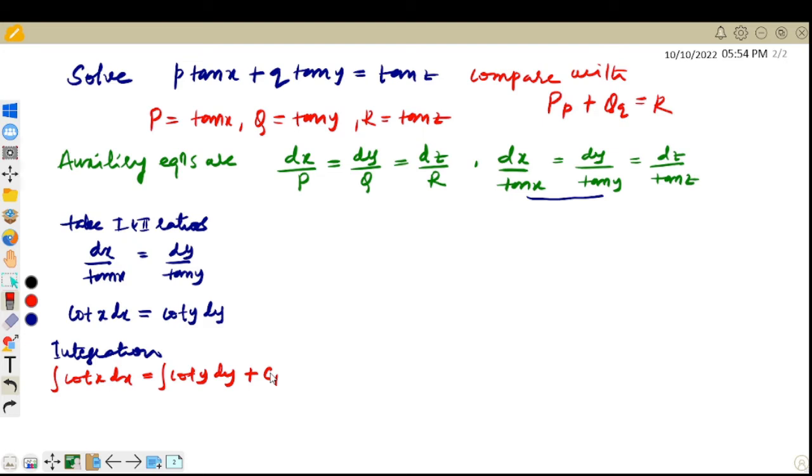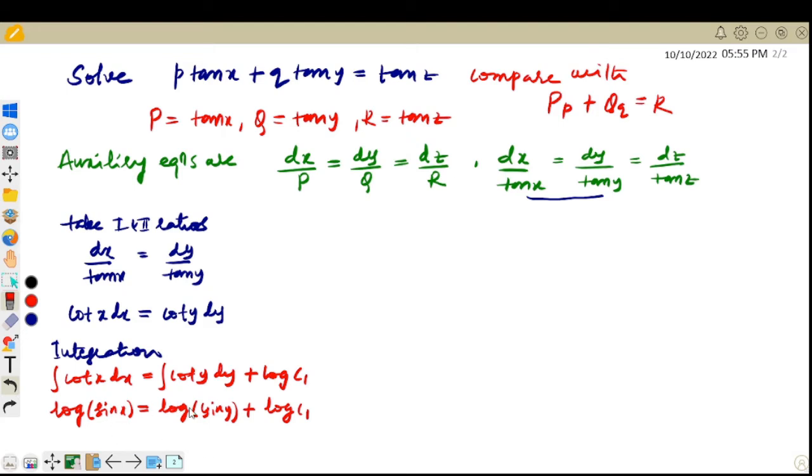Or you can write c1 as log of c1, because integration of cot x is log of sin x, is equal to log of sin y plus log of c1.